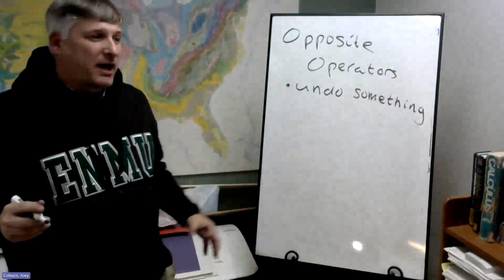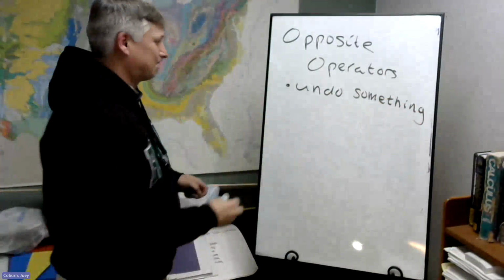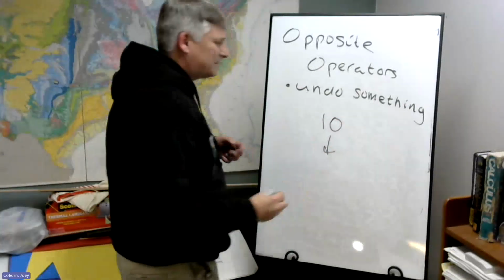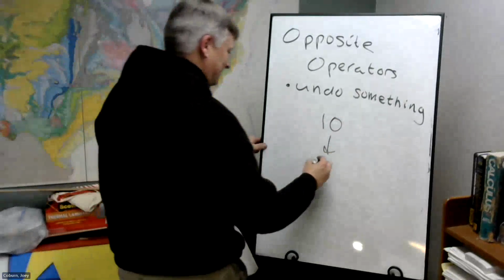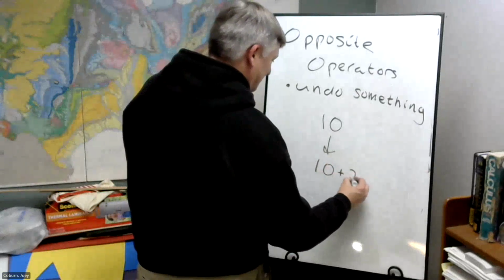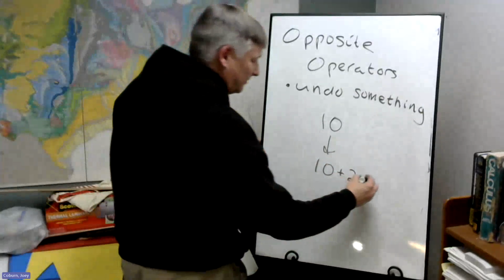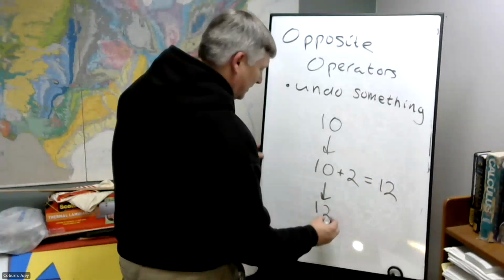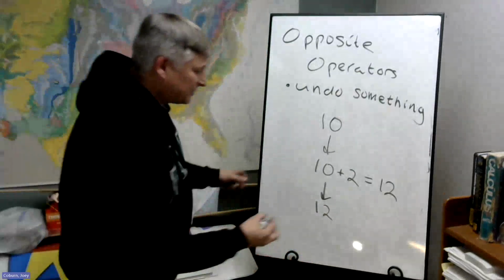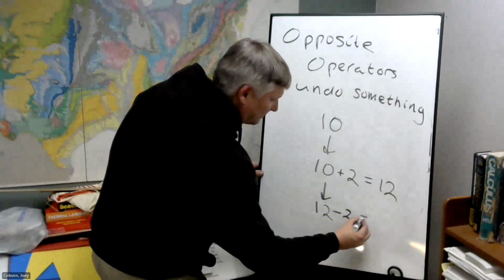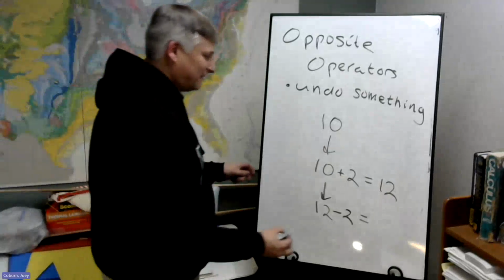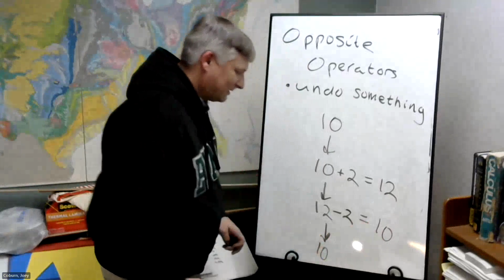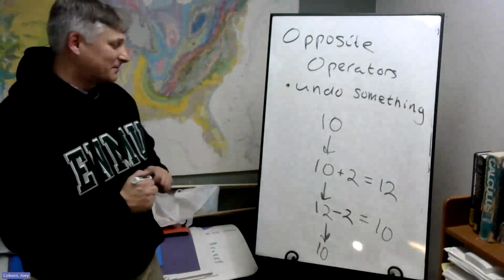So for example, let's start out with the number 10. And then we decide to add 2 to 10. And of course, that gives us 12. But then let's take 12 and subtract 2 from it. And what does that give us? 10. So we're back to where we started.